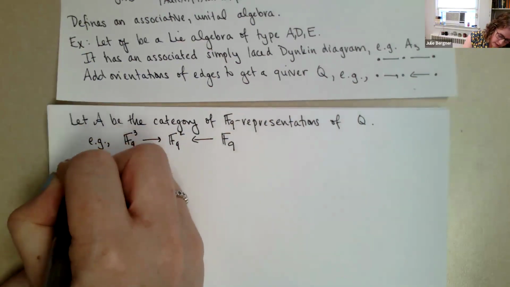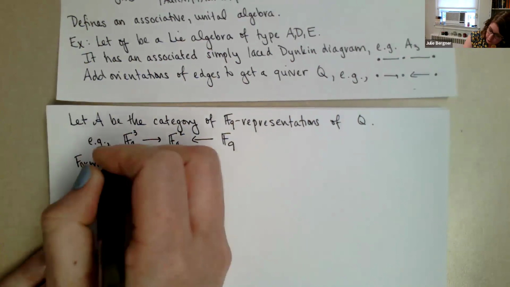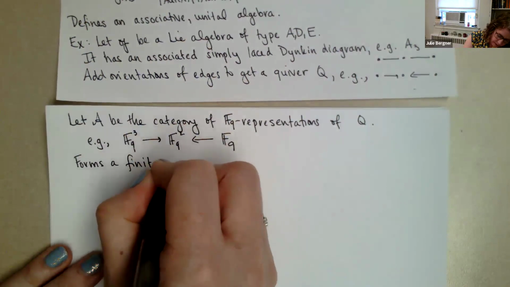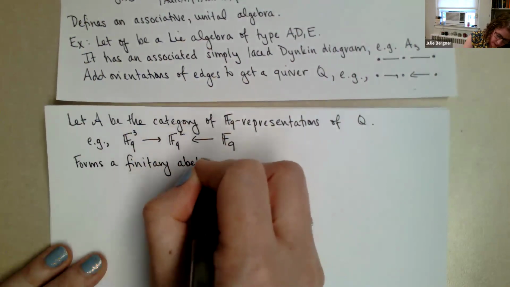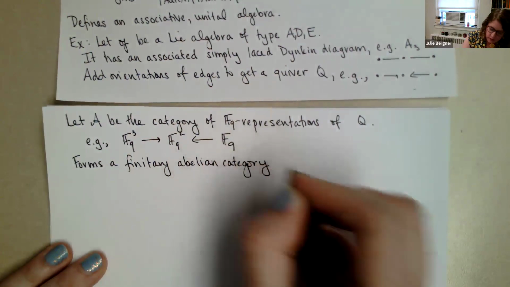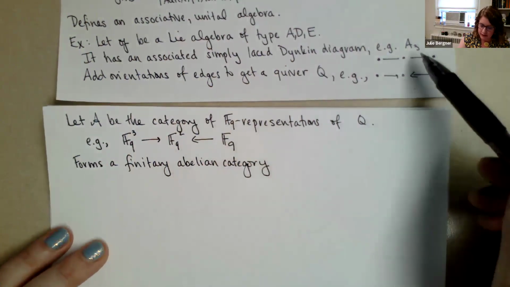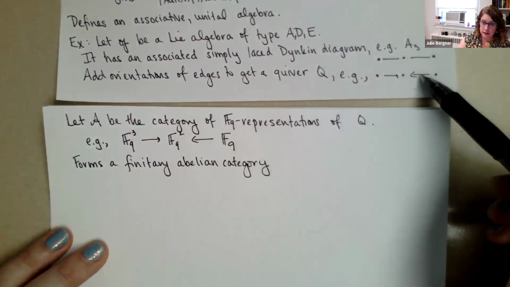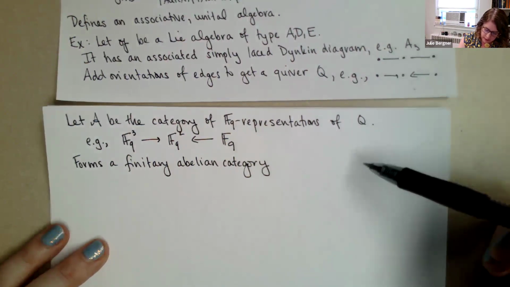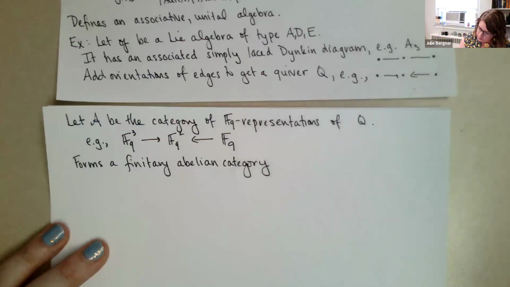And this, in fact, forms a finitary abelian category. And the finitary comes from the fact that these Dynkin diagrams are really simple. Again, we don't have any loops or anything happening there, and we're over a finite field.